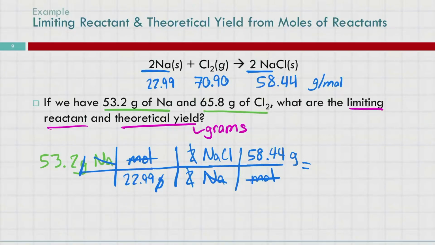So what we're putting into the calculator, 53.2 grams times 58.44 grams divided by 22.99 grams. You don't put the grams part in, but 53.2 times 58.44 divided by 22.99. You can do those in any order, by the way.